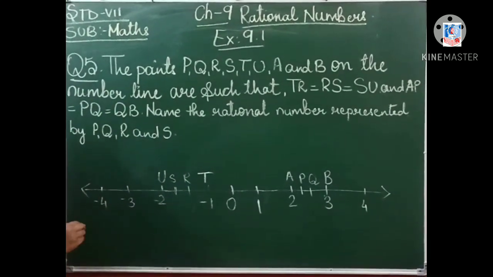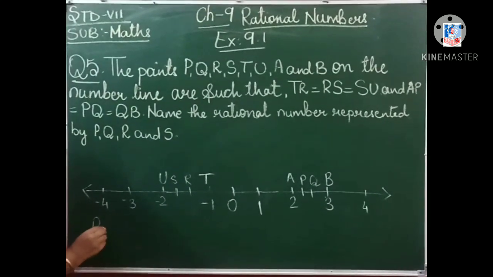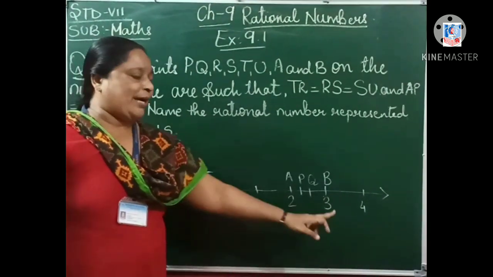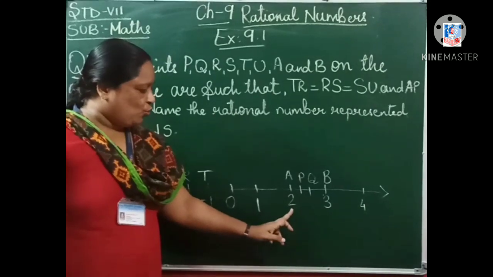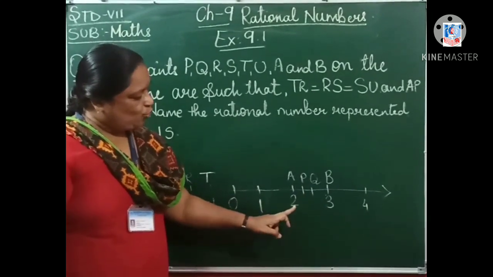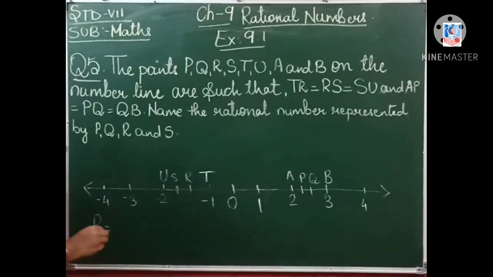Now P is equal to, now see where is P? P is between 2 and 3. That means 2 and, see here, 3 equal parts. The first one is 2 plus 1 by 3.